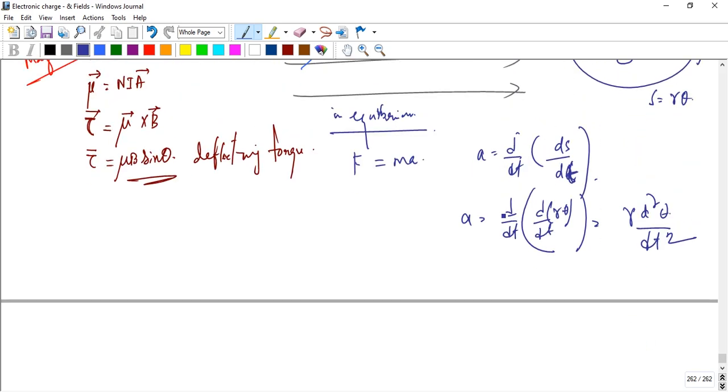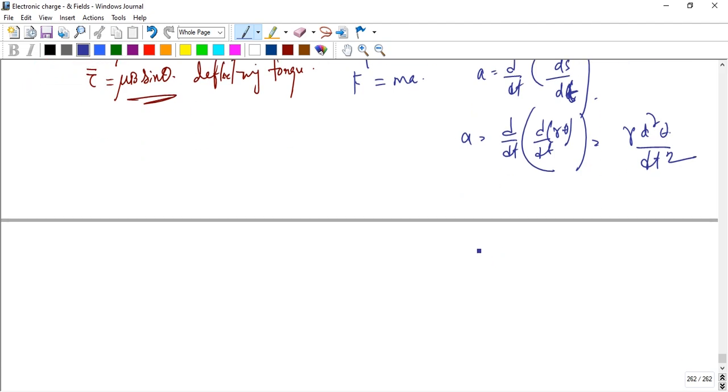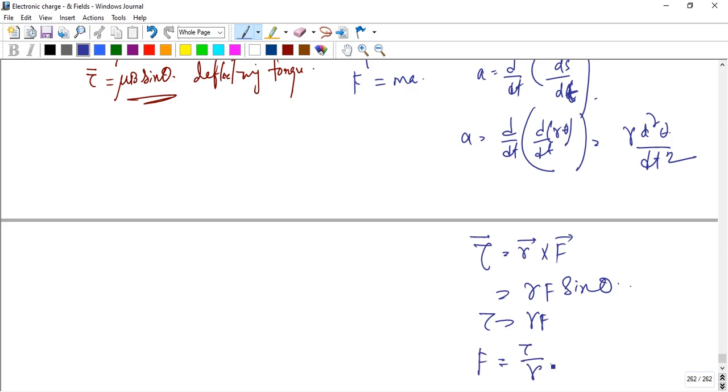Okay, and we know the acceleration, and there is a torque obviously. The basic torque formula we know is tau is r cross F. From the mechanics chapter we know that it is r F sine theta. Suppose theta is 90 degrees, then r F is tau, so F equals tau by r.